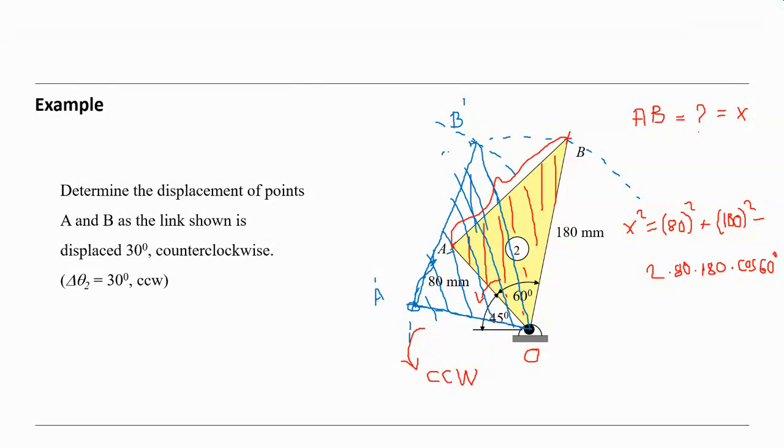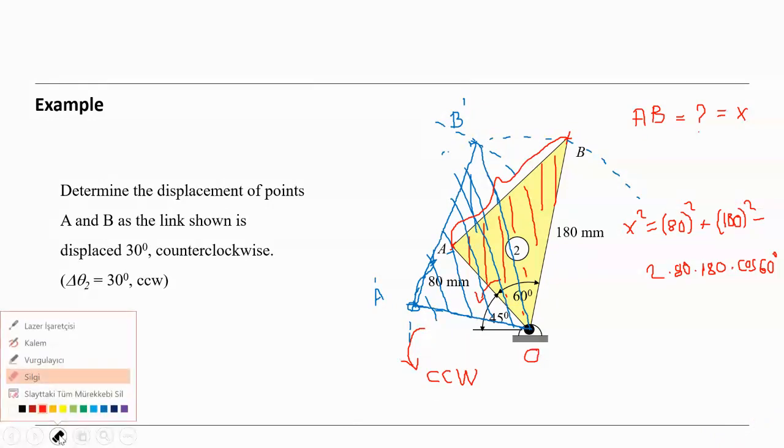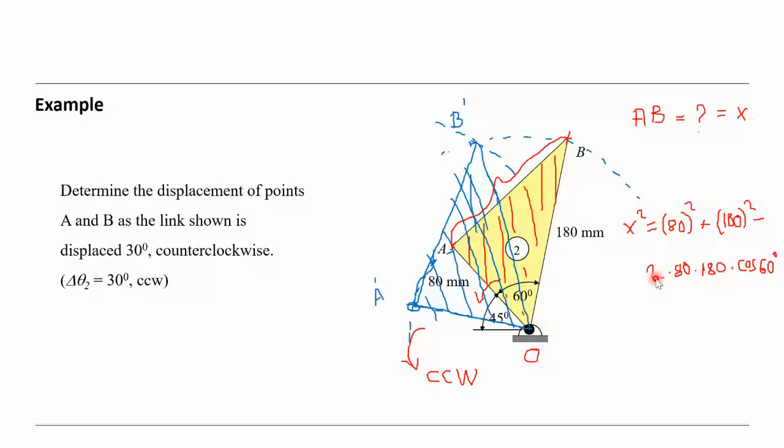Is it from the rigid body or how exactly? You mean these two here? Yes, exactly. It comes from the cosine theorem. So you remember the cosine theorem? Yes, of course.